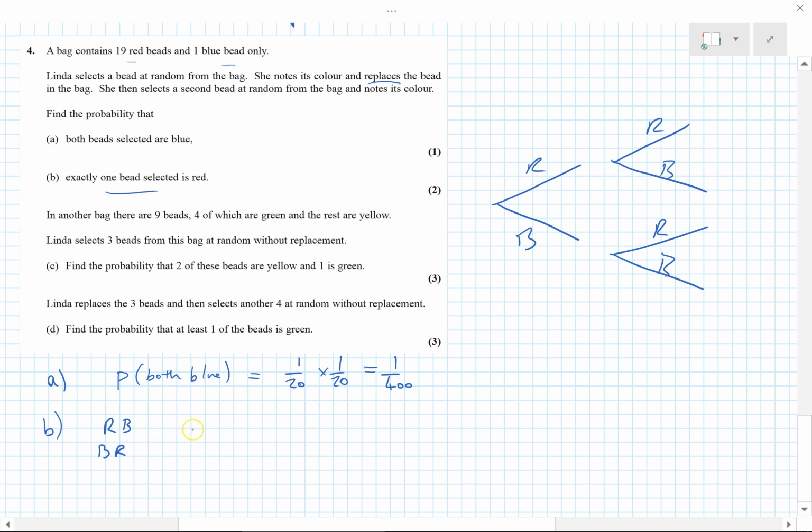So that's equal to 2 times the probability of selecting a red one, which is 19 over 20, times the probability of getting a blue one, which is 1 out of 20, which is 19 out of 200.